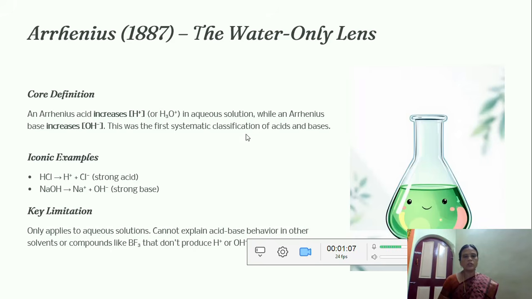So HCl is an acid because when dissolved in water it produces H plus ions, and NaOH is a base because when dissolved in water it produces OH minus ions. It has a limitation: this concept can be explained only in aqueous solution and not in other solvents.